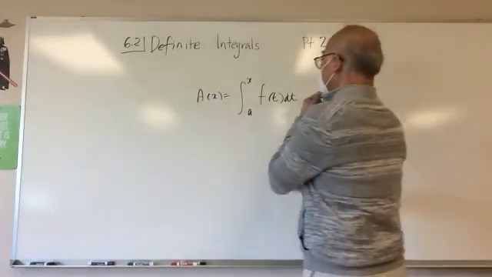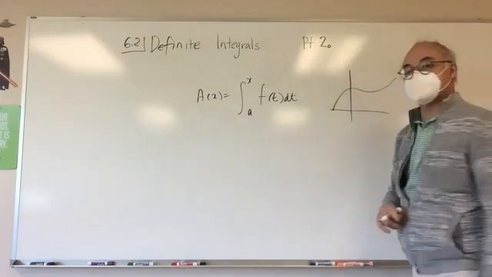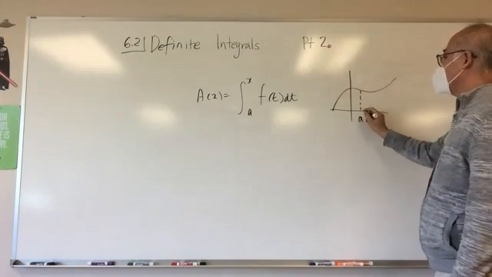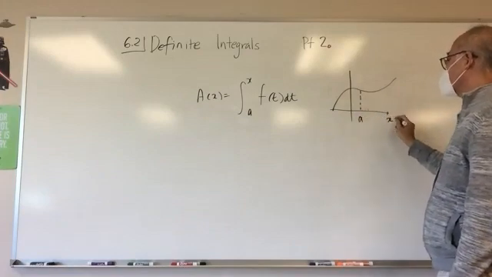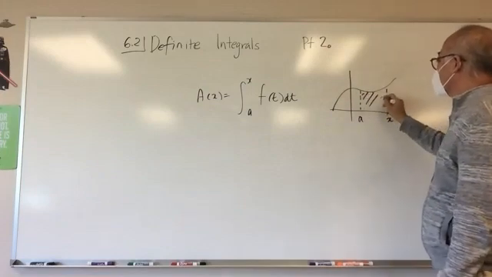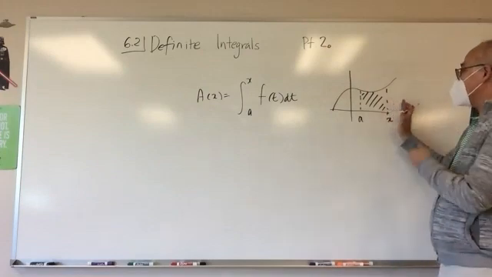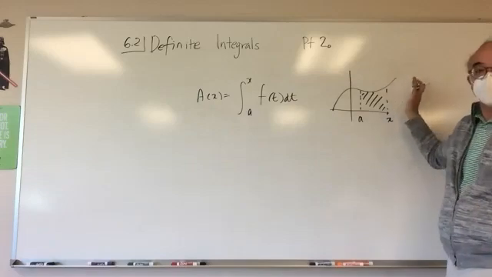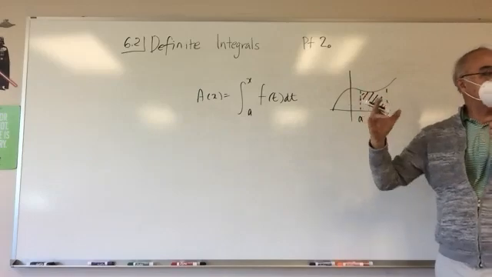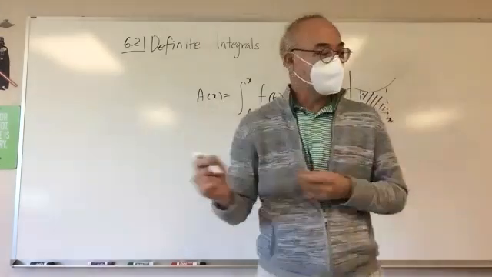So you have a function that looks like this. You're going from a to x, and you're going to do the area under the curve. The reason why it's called the accumulator function is because as x goes on and on, you're accumulating more area, right? Does that make sense? You're amassing more, you have more area under the curve. That's why it's called an accumulator function.